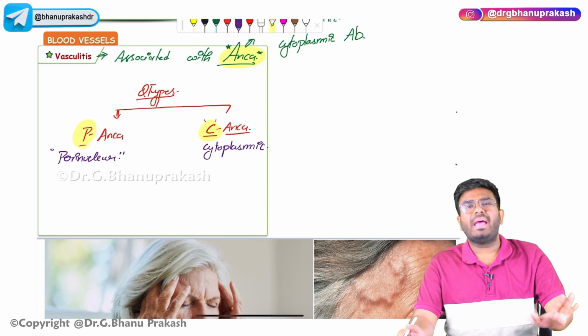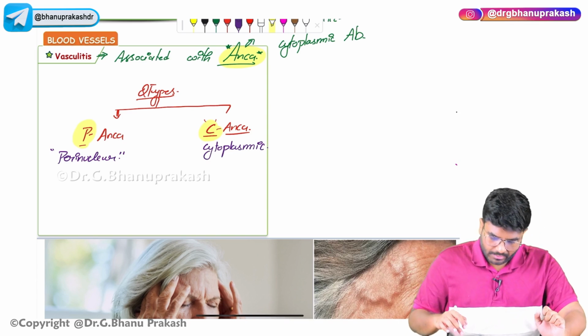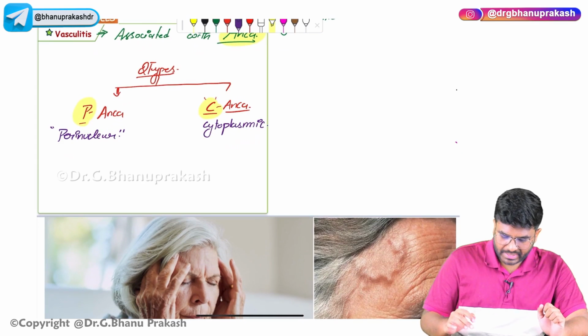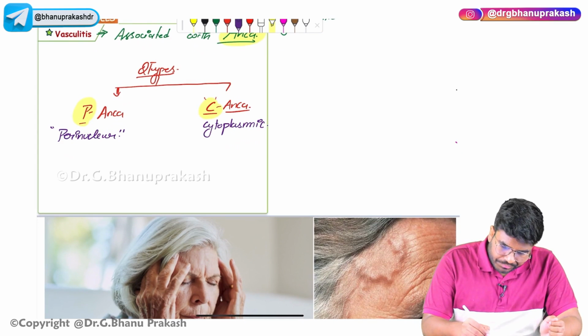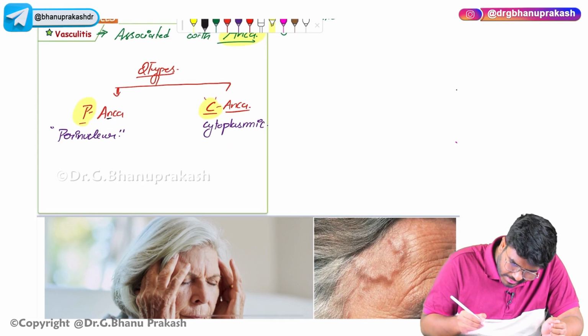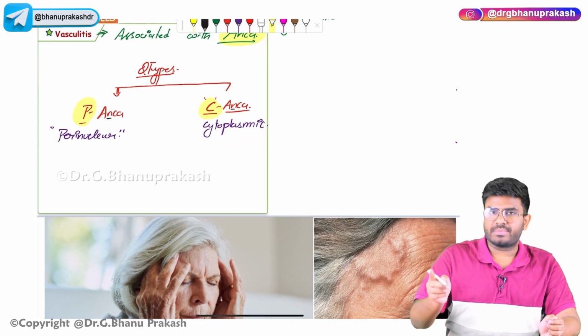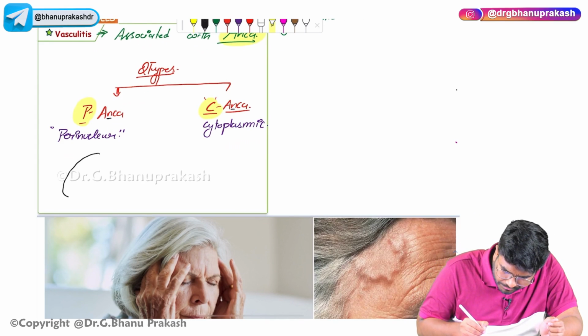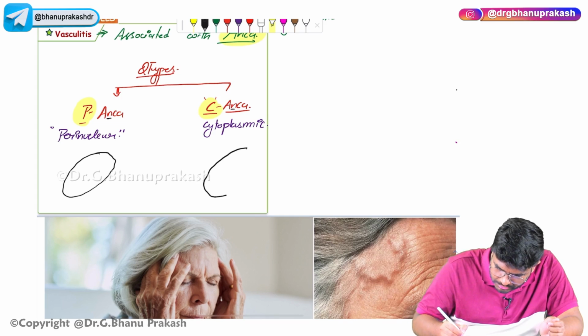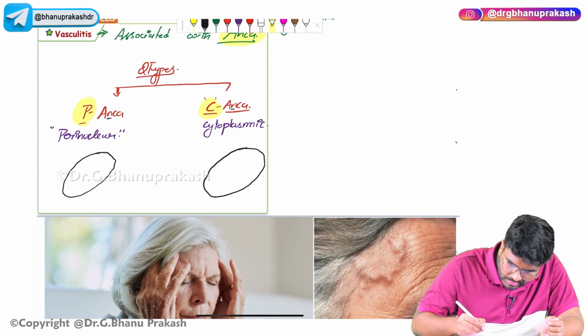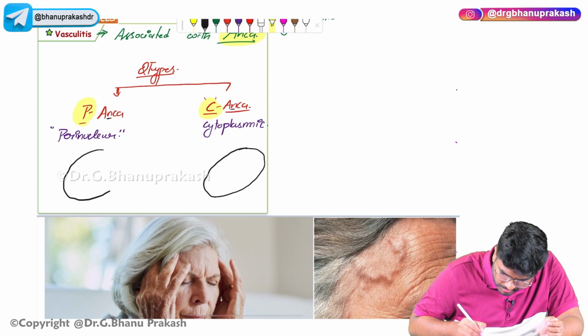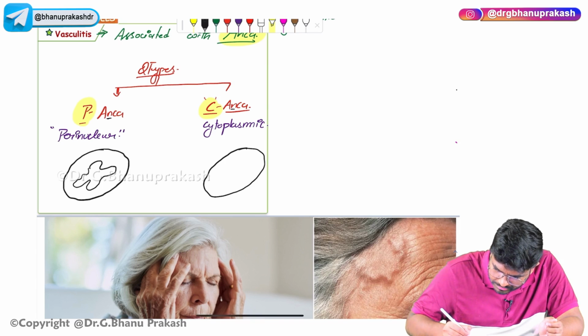Simply remember, ANCA is an antibody. If you ask me what exactly is this P ANCA, sir? Now we are talking about the neutrophils, right? Anti-neutrophilic cytoplasmic antibody. Let's draw a neutrophil over here. We all know in the neutrophil there is a multilobated nucleus present, something like this.